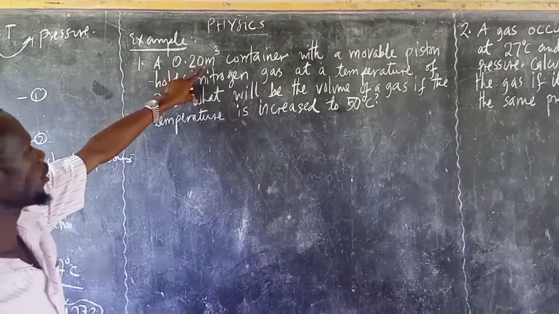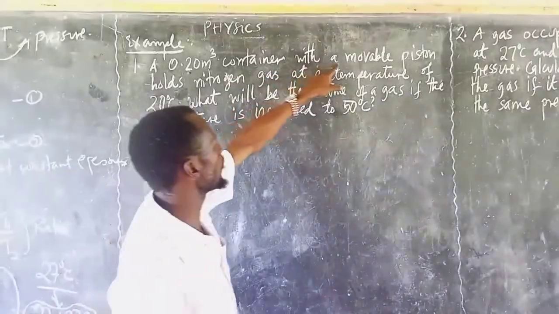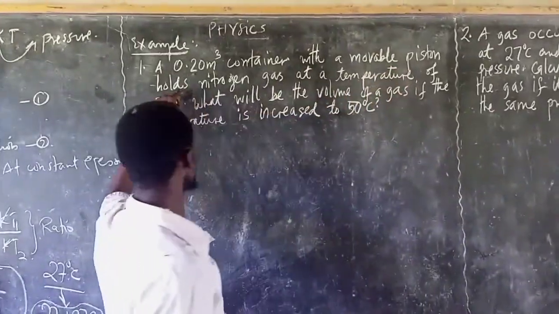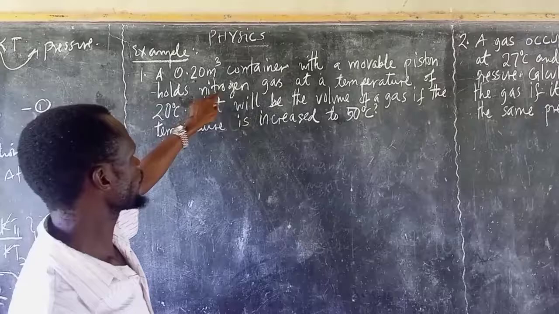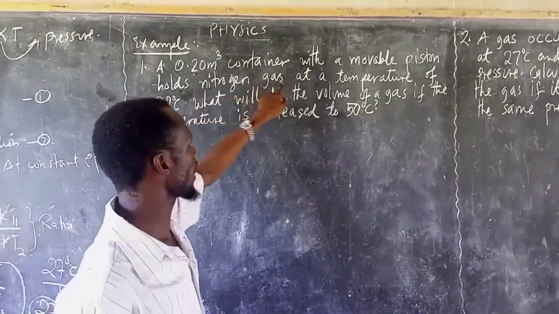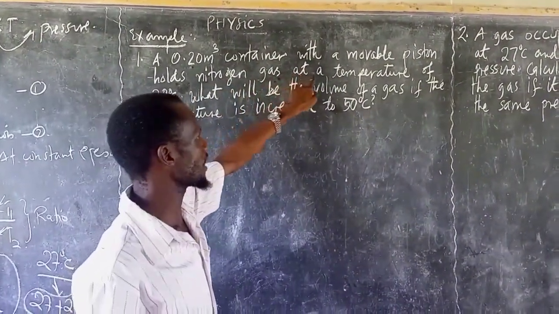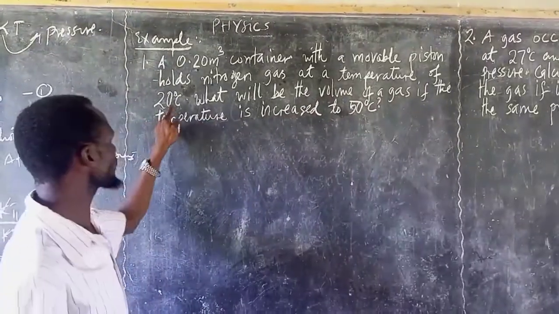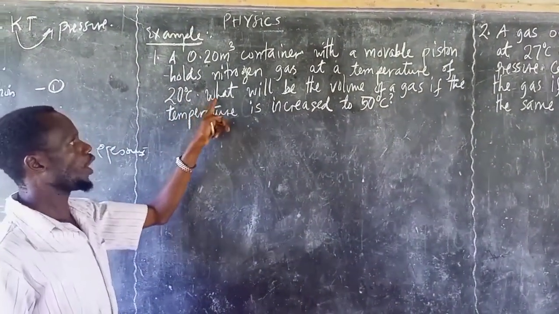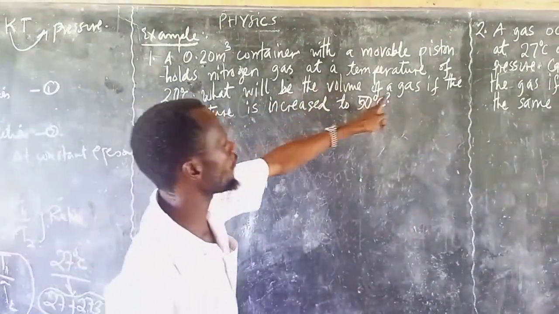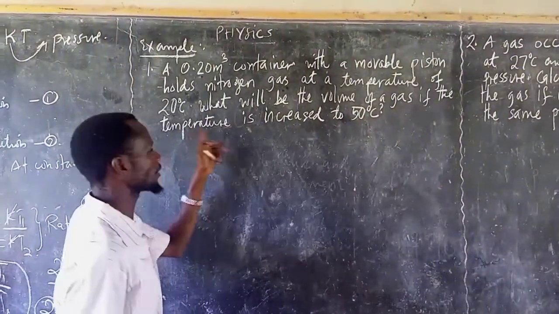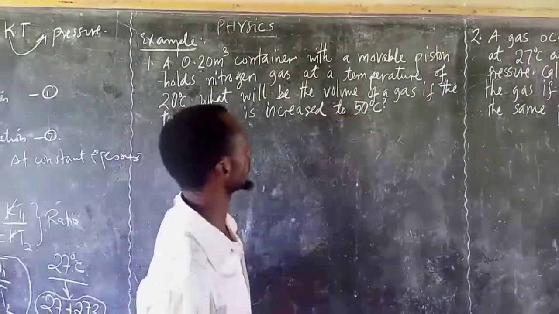A 0.20 cubic meter container with a movable piston holds nitrogen gas at a temperature of 20 degrees Celsius. What will be the volume of the gas if the temperature is increased to this one?